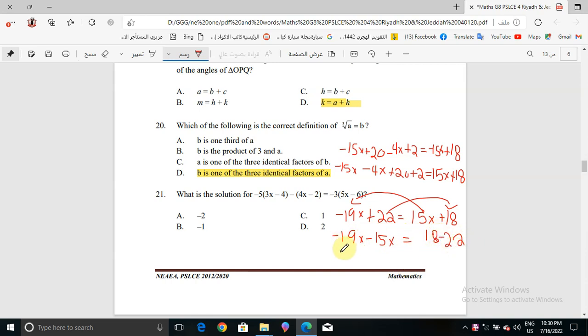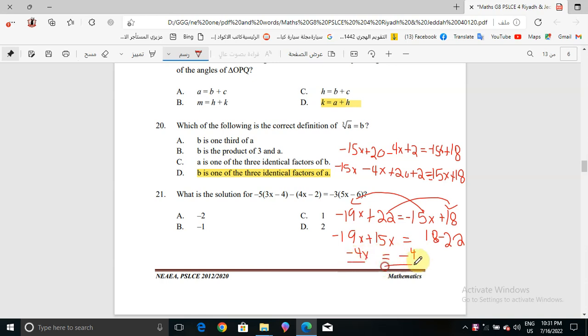Here there is negative 15x before, so when we shift it, it will be positive 15x, so here it will be negative 4x, which is equal to negative 4.